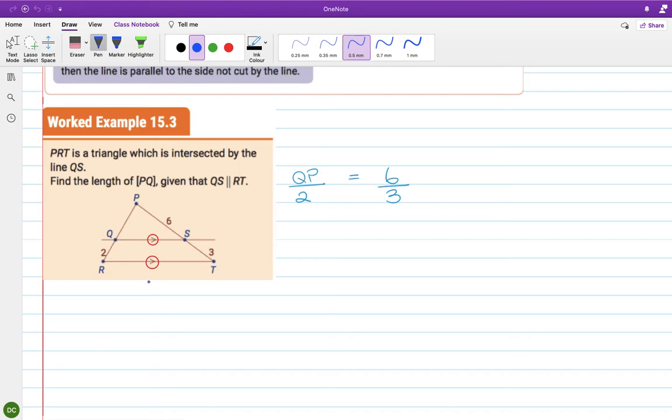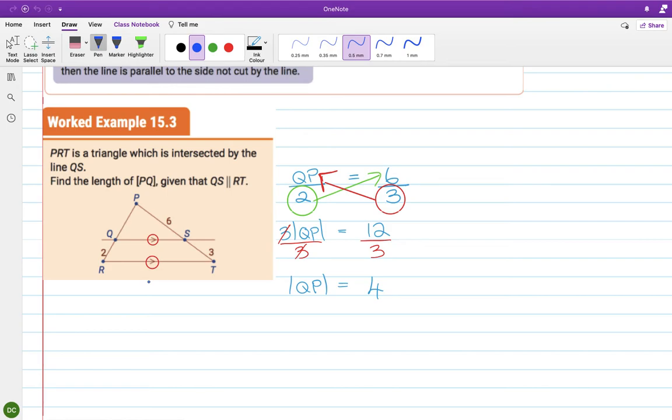So you multiply the 2 by the 6 and you multiply the 3 by QP. Okay, so you get 3 QP equals 12, and then you divide by 3 to cancel the 3 and divide by 3 for balance, and you get that QP equals 4.